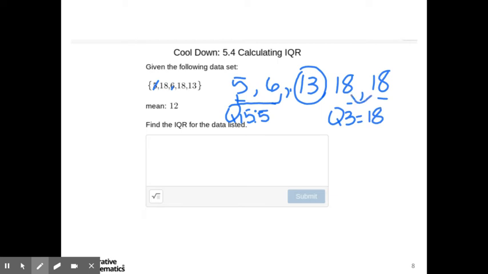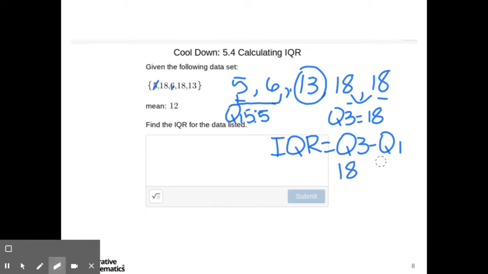Okay. And so in order to find the IQR, or interquartile range, I take my Q3 and subtract my Q1. So I would have 18 minus 5.5.